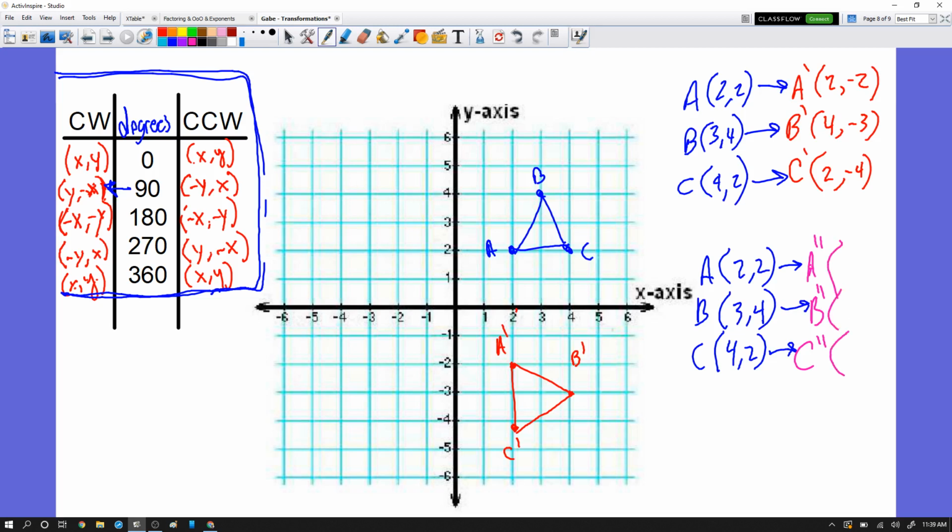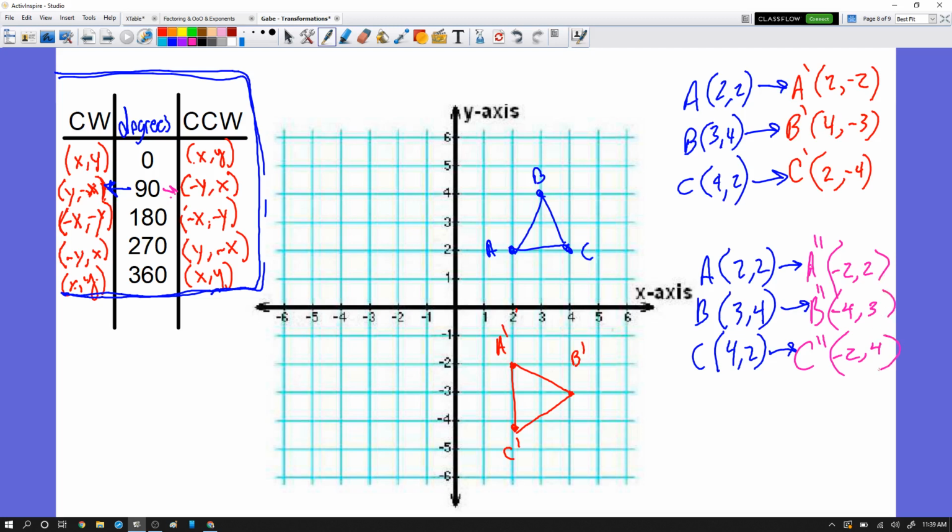So let's take a look. And I said counterclockwise 90. So that means we're going to go negative y, so the opposite of our y value. Let's do that first. So that's negative 2, negative 4, negative 2. And then just take the x value and rewrite it. 2, 3, 4.